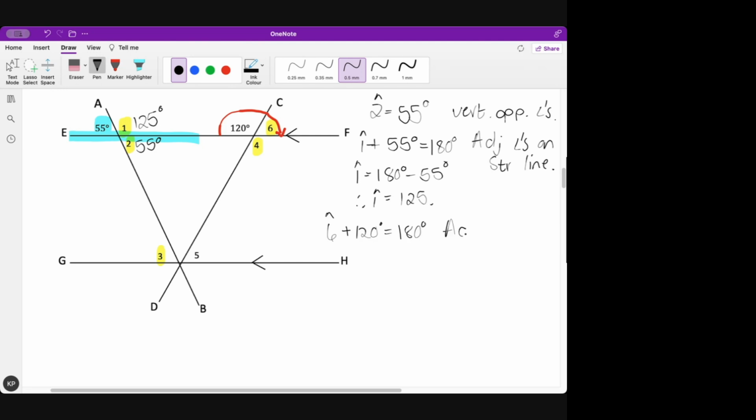Again, remember, even if you are repeating a reason, you rewrite it. You don't write it once and assume it counts for everything, okay? So then angle 6 will be equal to 180 minus 120, which is 60 degrees. Great.